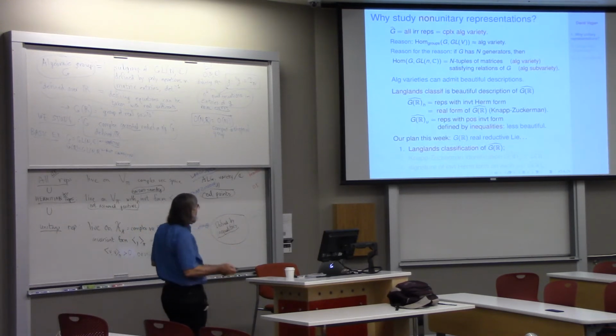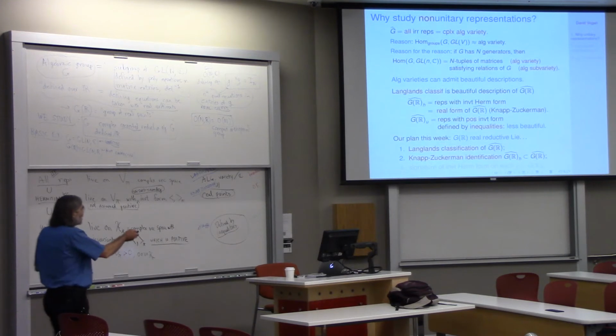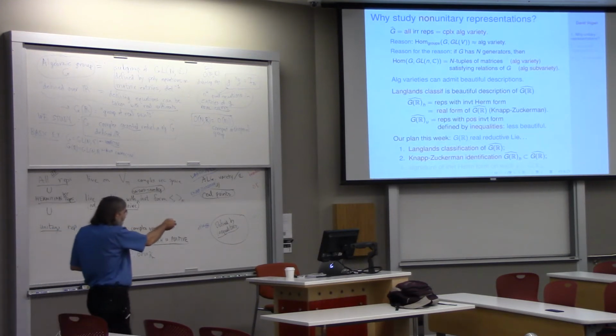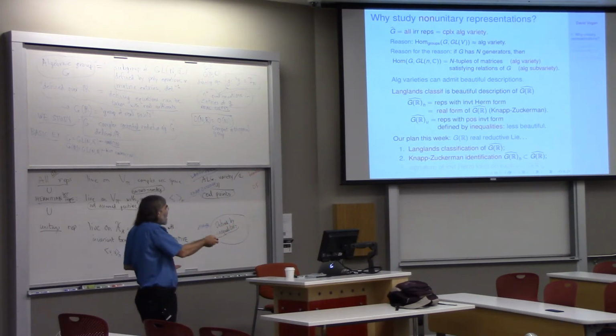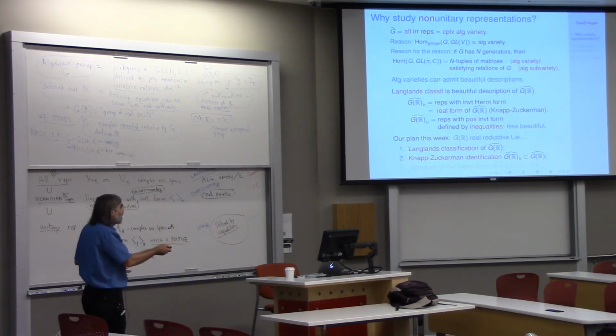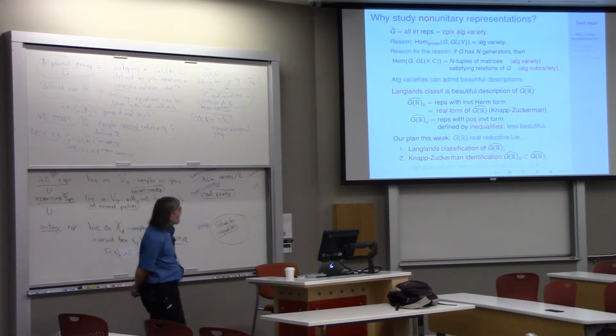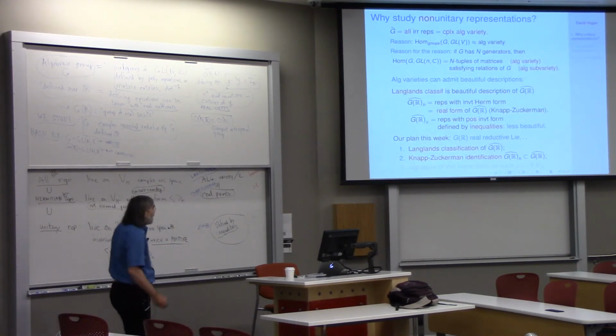Okay, so I'll tell you about the pretty part. I'll tell you about this Knapp-Zuckerman identification, how to put a sort of real structure on this algebraic variety so that the Hermitian things are the real points.